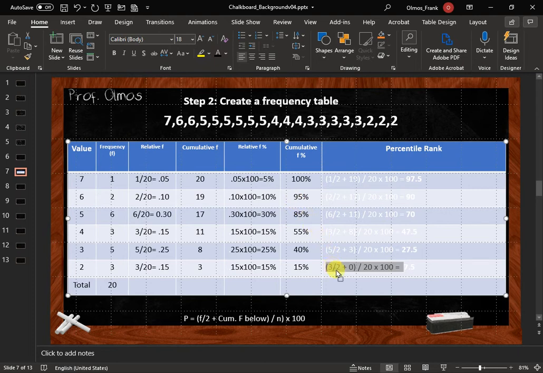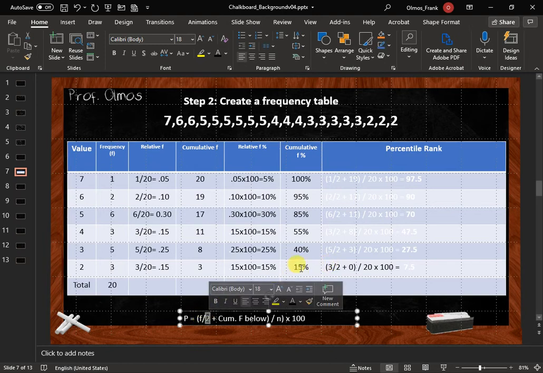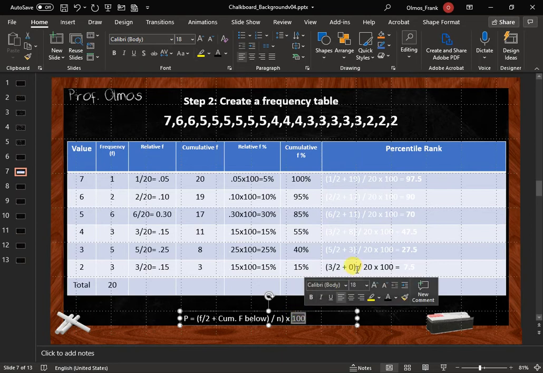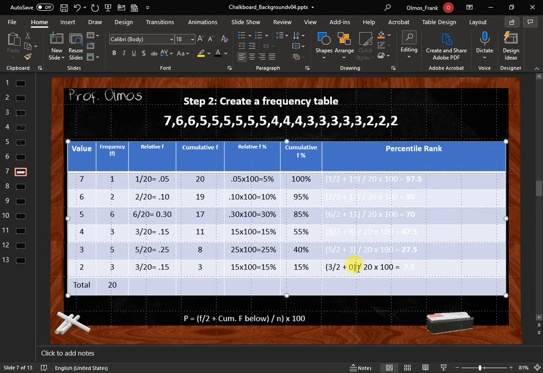See what I did here. I got 3. 3 comes from here. 2 comes from the formula. 3 divided by 2 plus 0. There's nothing below, so it's 0. Divided by 20. 20 comes from here, the total, times 100, which is the formula. A lot of it's the formula, and a lot of it's already given.